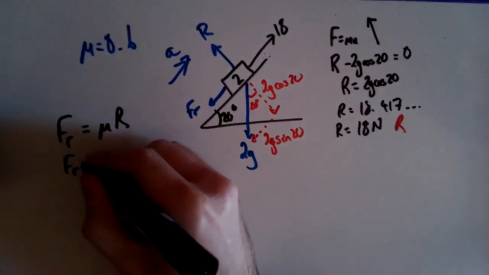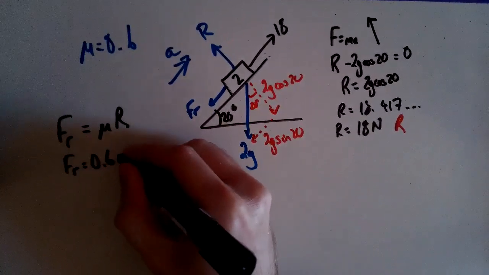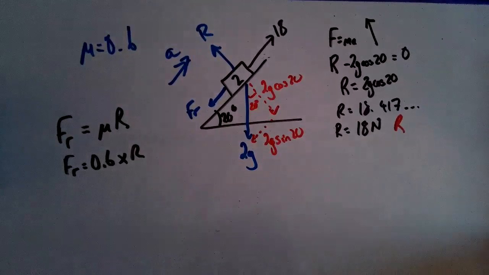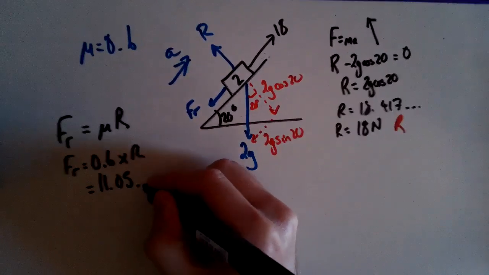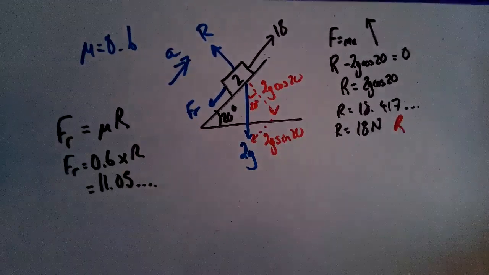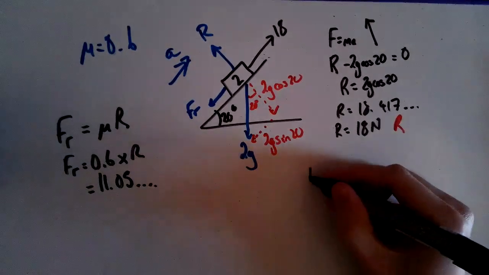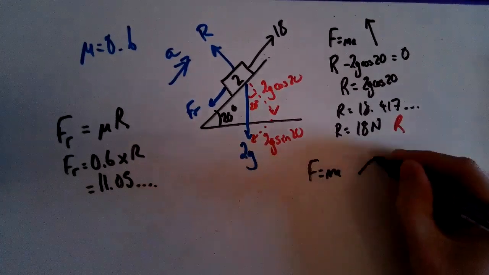Well, mu is 0.6. Friction is mu R, so I'm going to do 0.6 in the calculator times R, which should give us 11.05, etc. And again, I'm going to store that as F in my calculator. Okay, and I'm going to use F equals ma going up the plane.